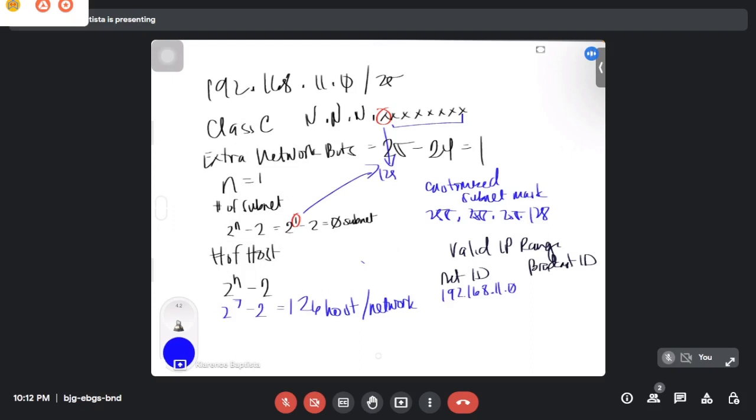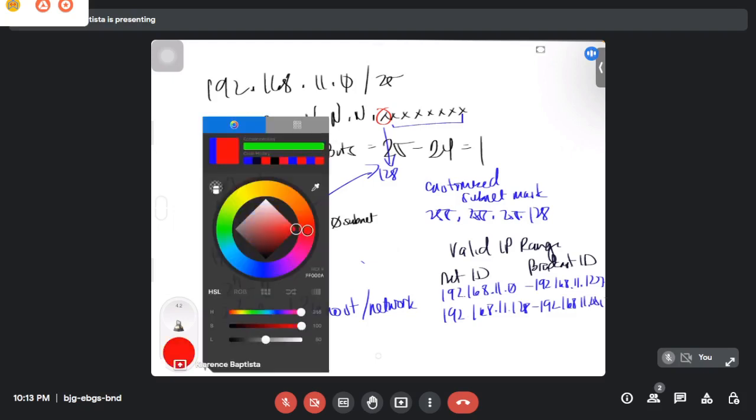So, therefore, ang next nating network range is 192.168.11.128. So, dito is 192.168.11.127. And then, dahil next po natin, kung i-add po natin yung 128 is 256 na. So, dito na po is 192.168.11.255.